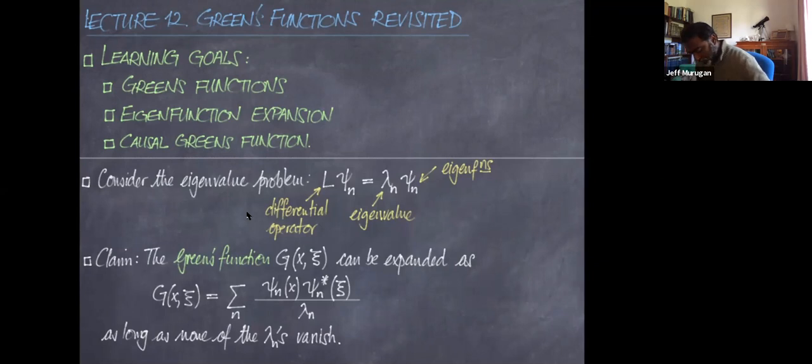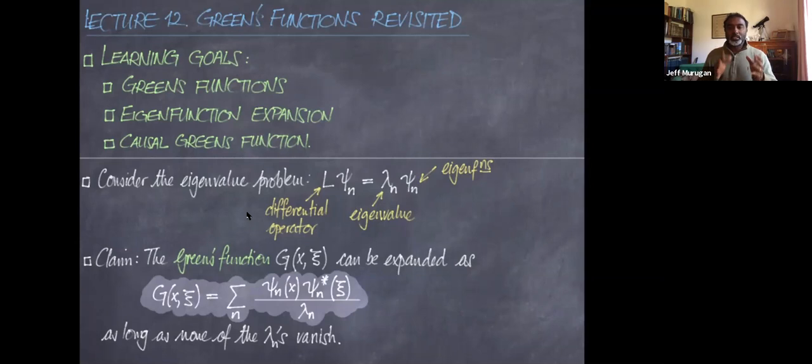Now, I made a claim. I should really justify this claim to you. Otherwise, I should just shut up. So let's show that this is indeed a Green's function for the operator L. What do I need to show? What do I need to do in order to show that this Green's function is a Green's function for the operator L?